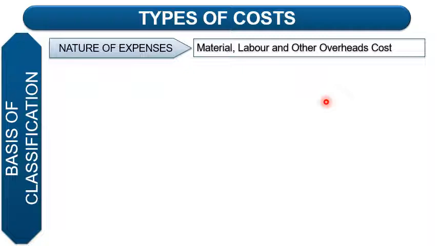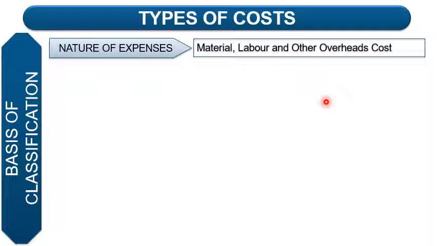Now the labor cost. Labor cost is the salary and wages paid to the employee, whether permanent, temporary or contractual, working in an organization. Such salaries also include PF contribution, bonus, commission, incentives, allowances, overtime or all other perquisites given to the employee or the labor.